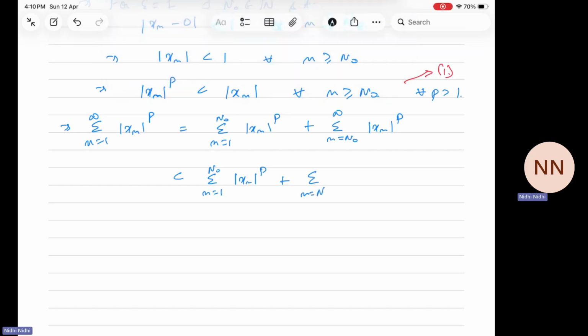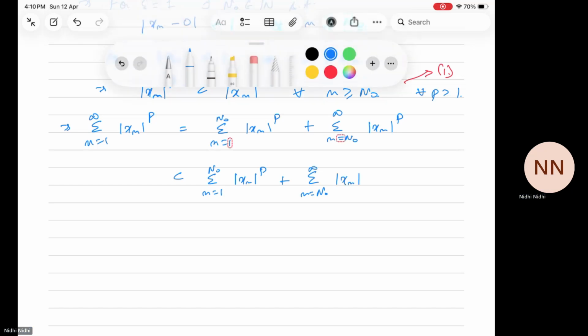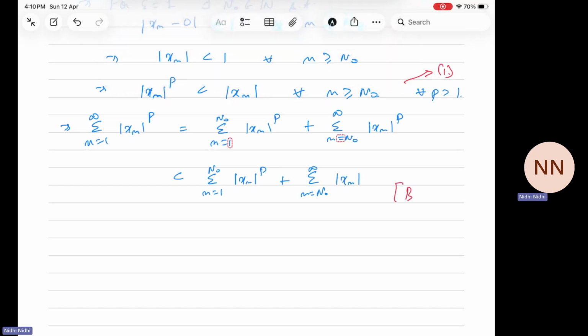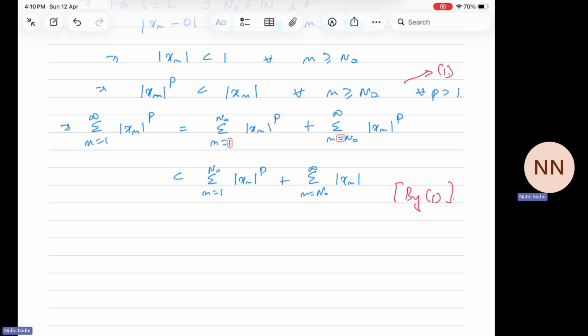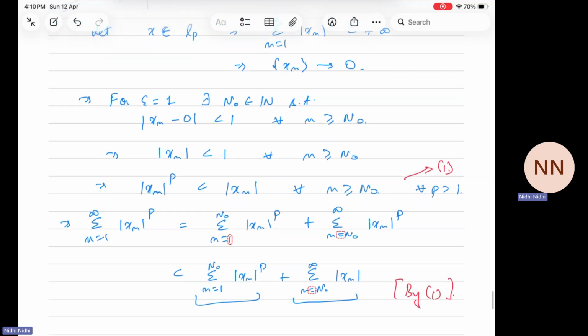Summation n from n naught to infinity of mod xn. This is by first. Now, since this is just a finite sum, so this is bounded, and this sum is finite because x is a sequence in L1.